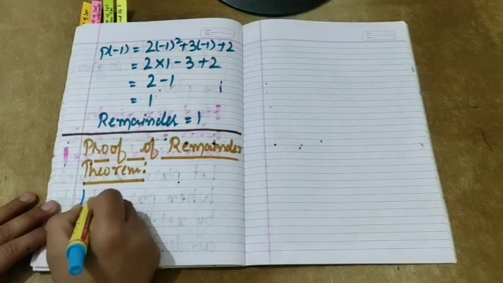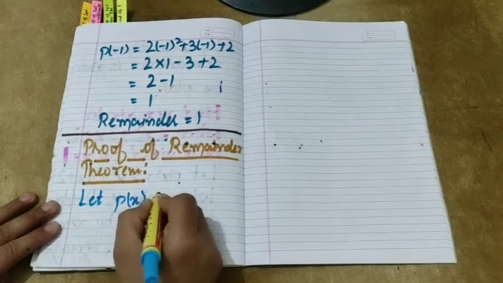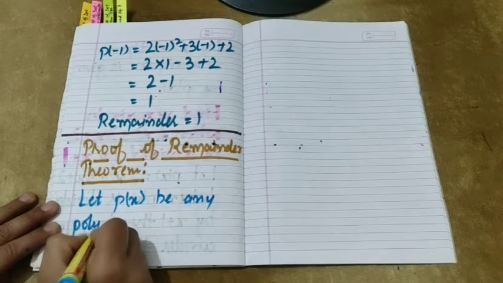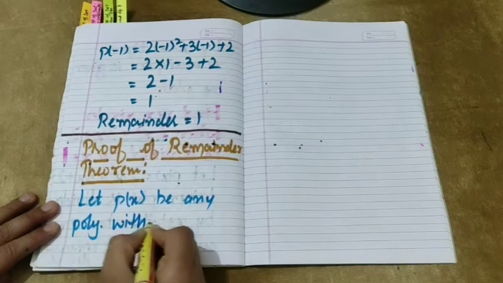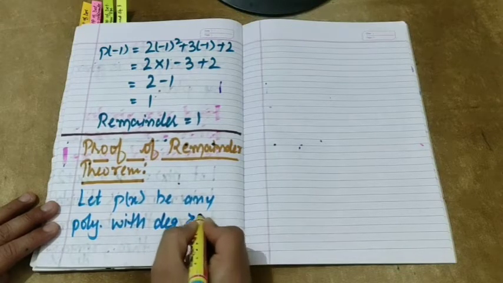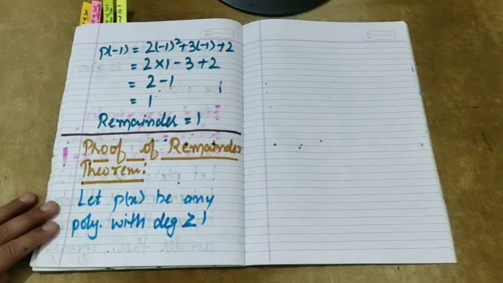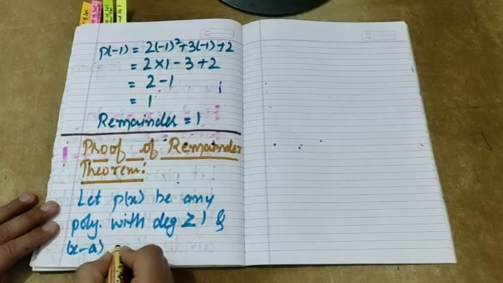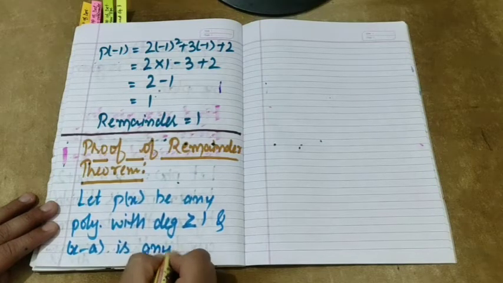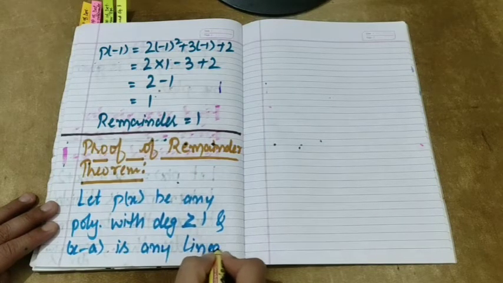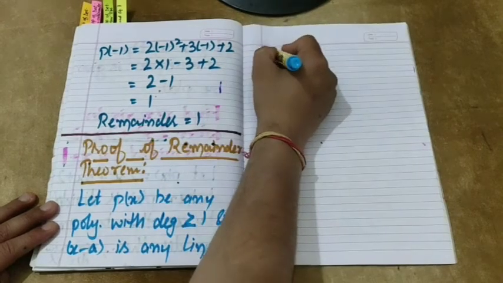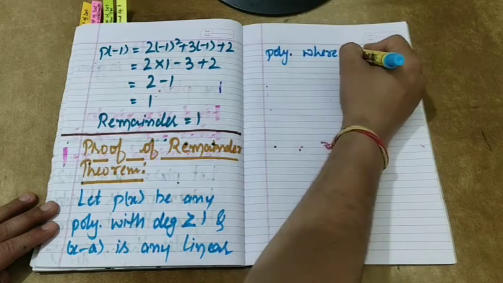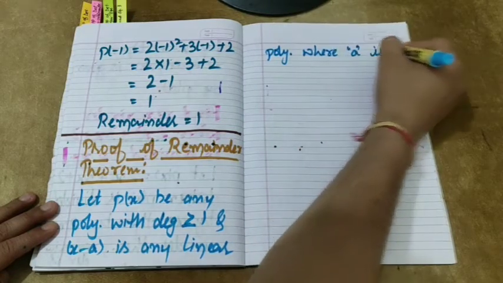Let p x be any polynomial with degree greater than or equal to 1, and x minus a is any linear polynomial, where a is any real number.